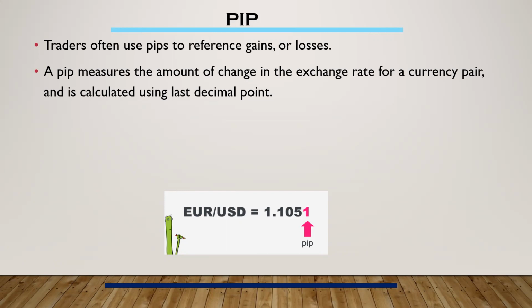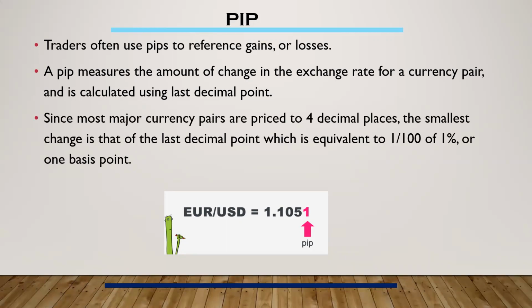Since most of the major currencies have 4 decimal places, the smallest change is the last decimal point, which is equivalent to 1 divided by 100, or 1% on 1 base point.